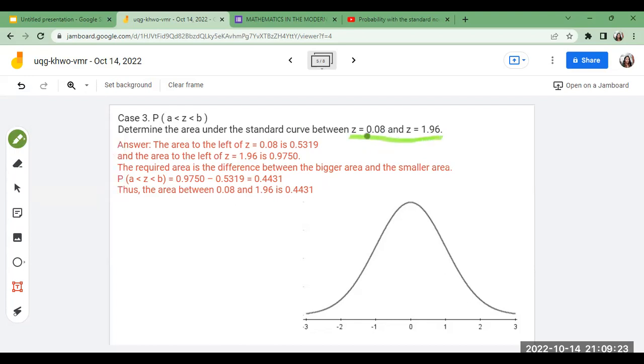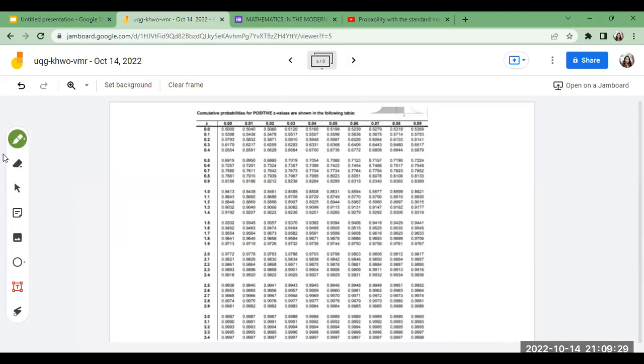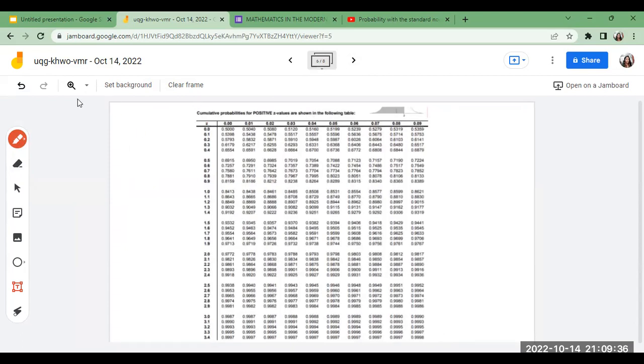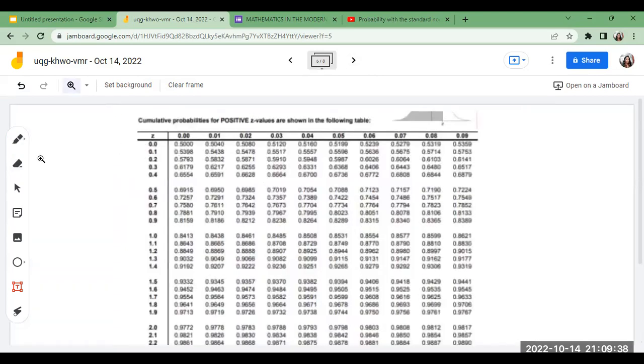So let's find first Z equal to 0.08. Using the distribution table, 0.0, and then the second decimal place is 8. So 0.08.